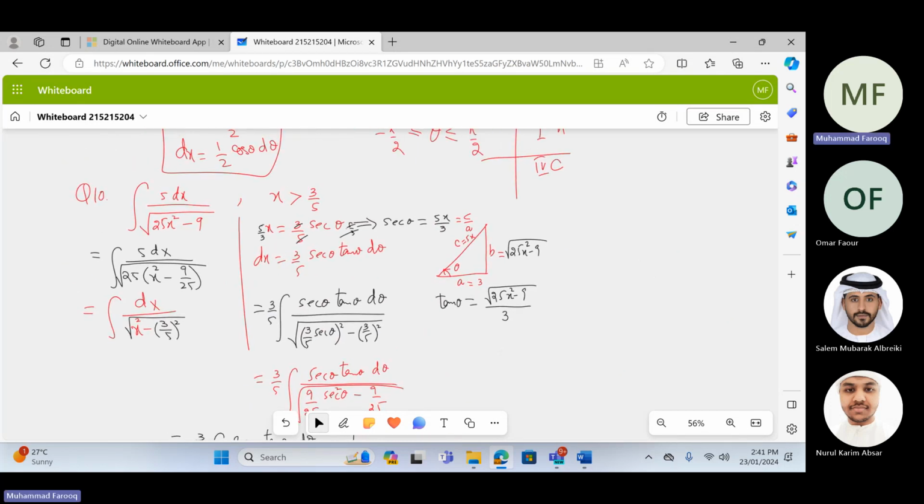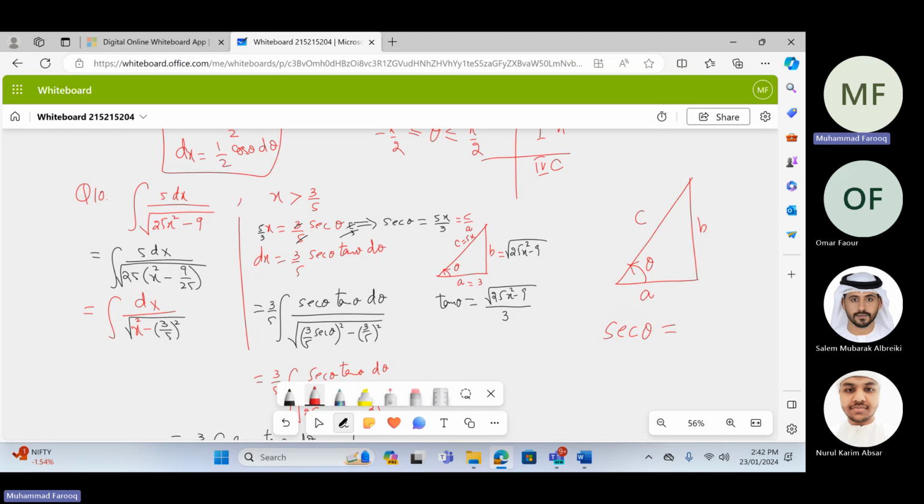We got the secant theta value as 5x by 3. Please just recall, if you have a right angle triangle A, B, and C, with angle theta, this is adjacent, this is opposite, this is hypotenuse. What is the secant theta formula?